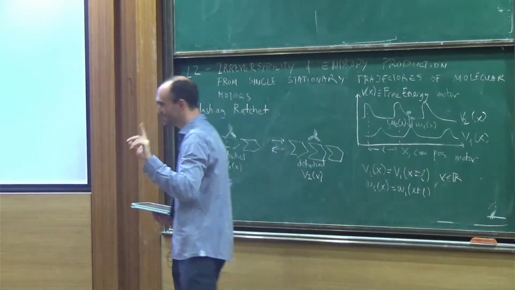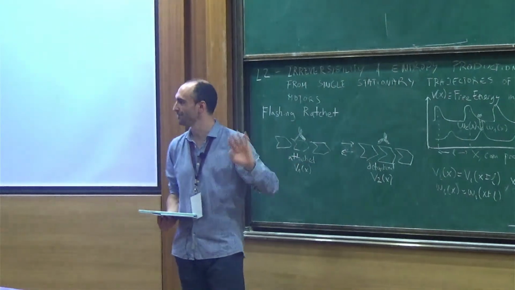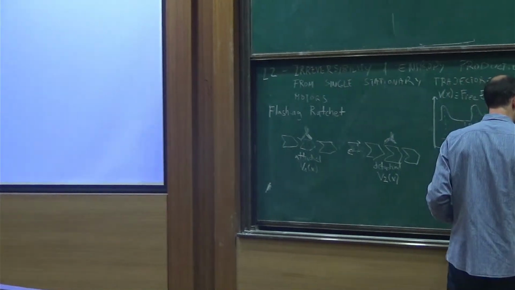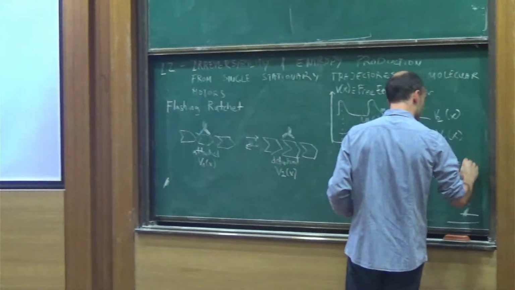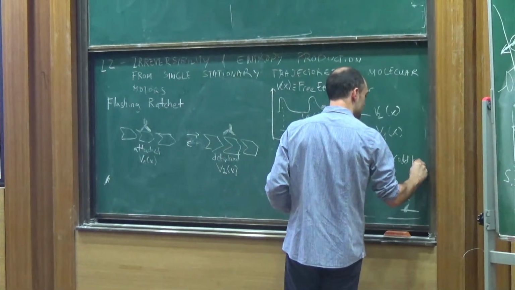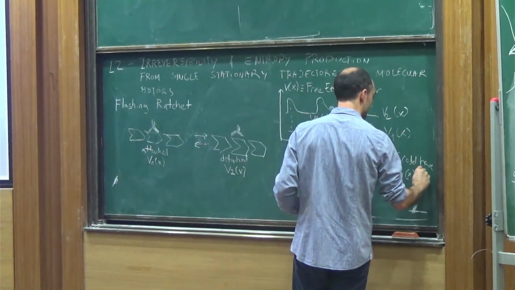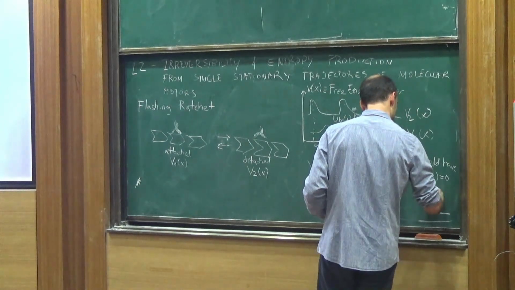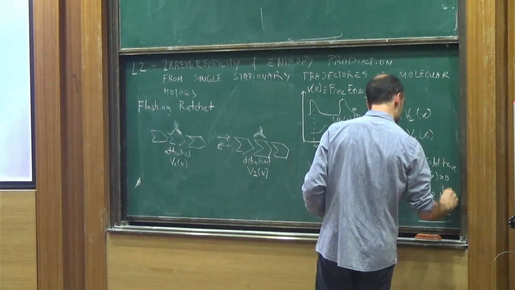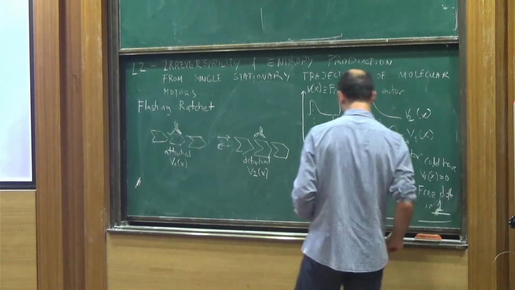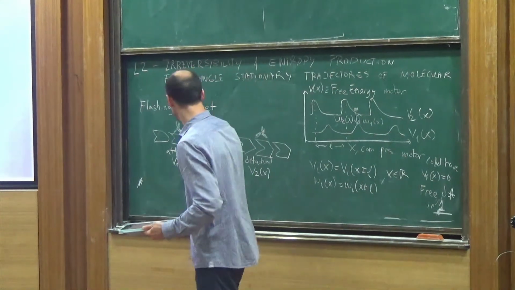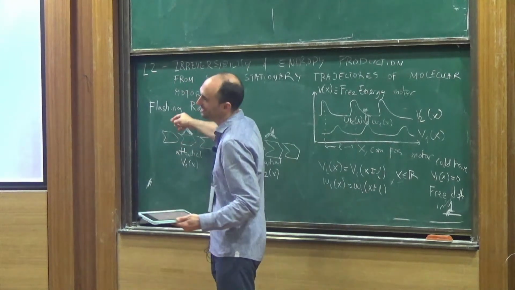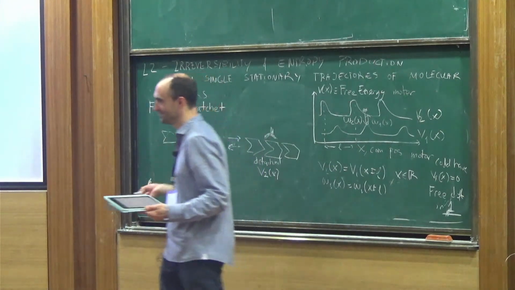This is one specific example of this theory: V1(x) equal to 0. This means free diffusion in V1. It would correspond to the case where one state is free and the other is attached, but it doesn't matter which is one or two.